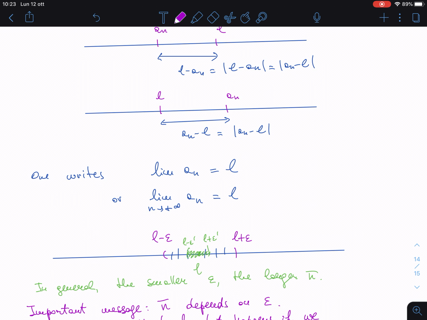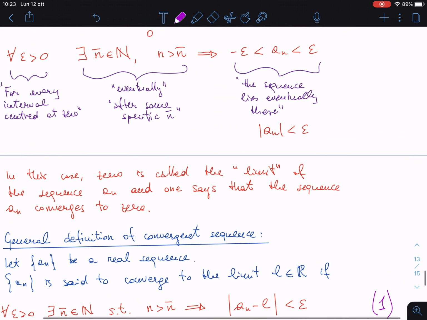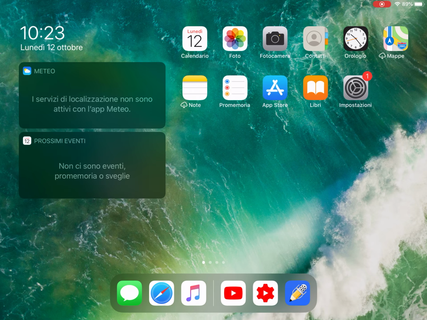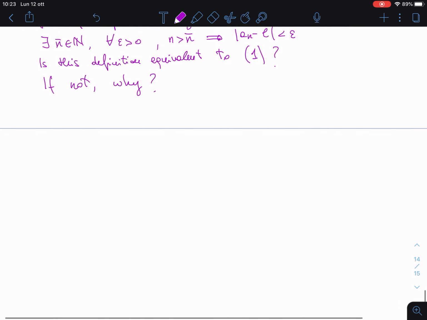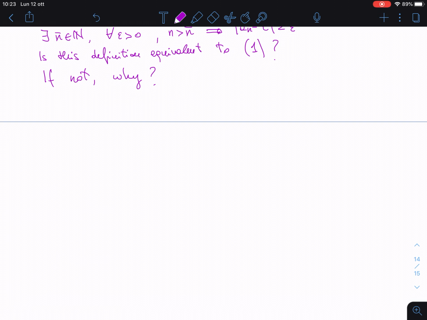So, another representation that we can have concerns the representation of sequences as graphs of functions.